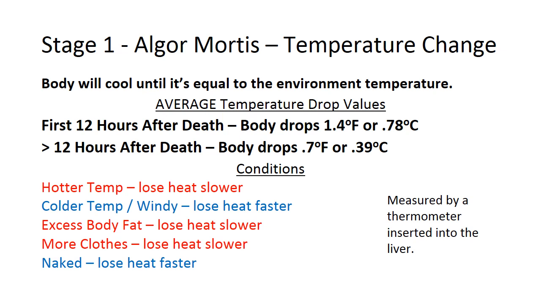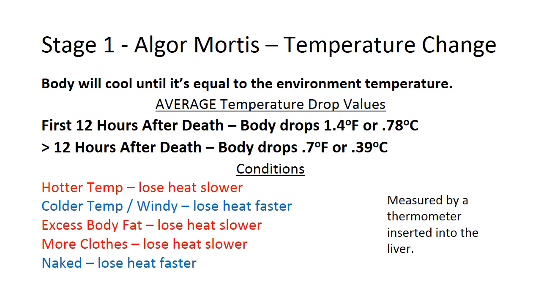Obviously, if it's a hotter room or hotter outside, the temperature is going to decrease slower. If it's colder or if it's windier, you lose that heat faster, just like if you were still alive. Excess body fat means the heat's going to be lost slower. More clothes, you lose the heat slower. If you have absolutely no clothes, you lose the heat faster.